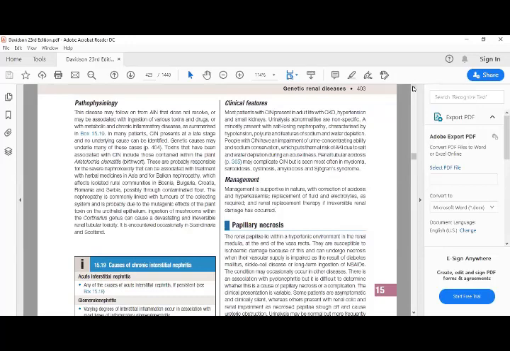In many patients, chronic interstitial nephritis presents at a late stage and no underlying cause can be identified.